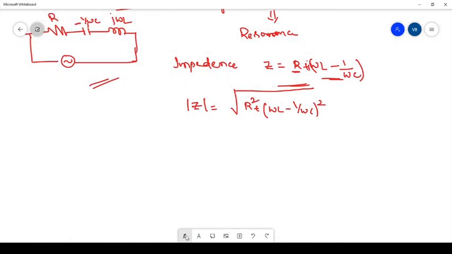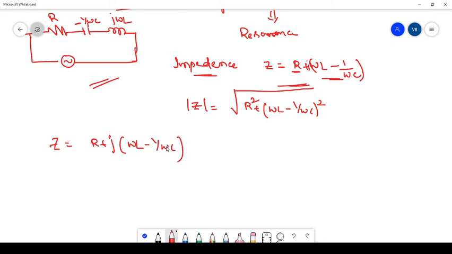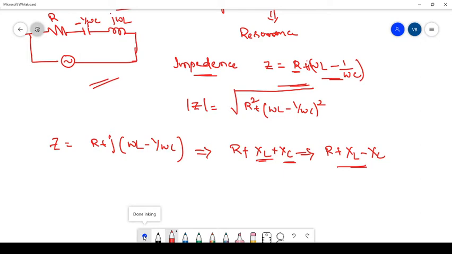Don't consider the magnitude, just consider this equation: Z equals R plus j into omega L minus 1 by omega C, or you can write it as R plus XL minus XC, the inductive reactance and the capacitive reactance. So we already saw how the reactance of the inductor and capacitor is generated.